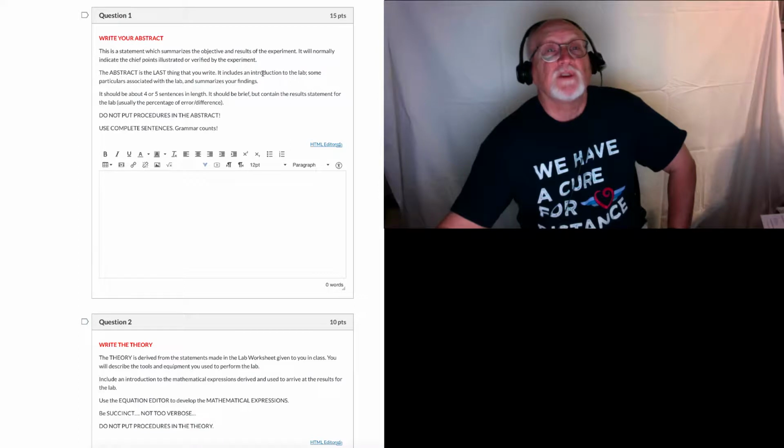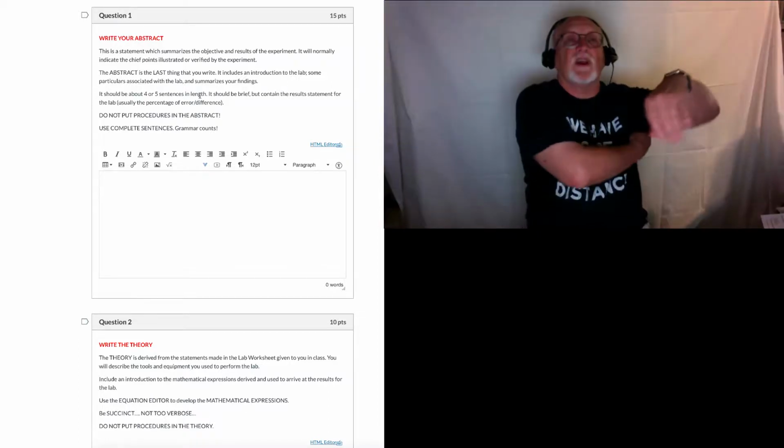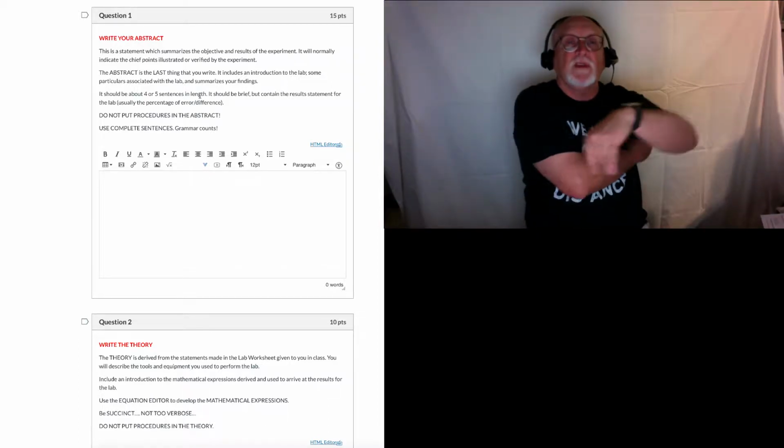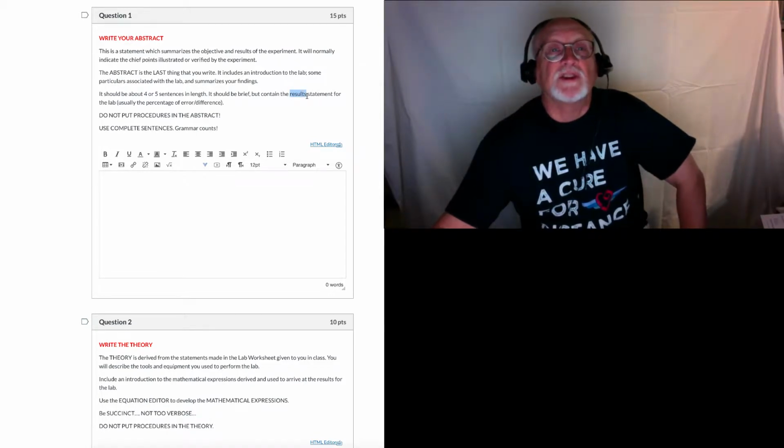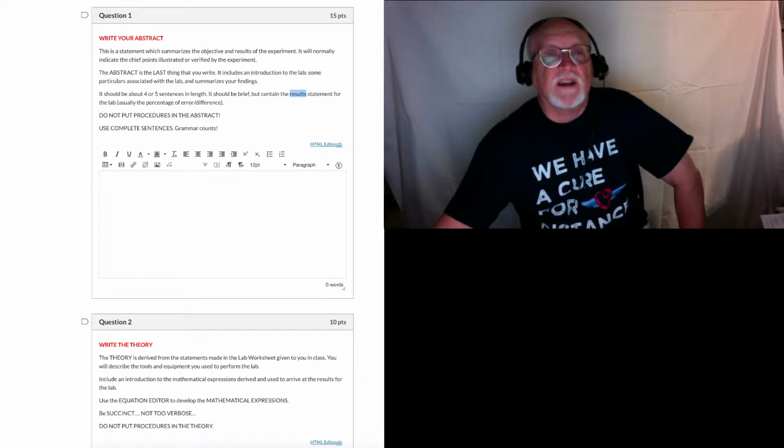It includes an introduction to the lab and some particulars associated with the lab and summarizes your findings. Please note, it should be 4 to 5 sentences in length. It does not have to be very long. It should be brief, but contain the results. The results means you give me back the information that identifies the results for this lab.